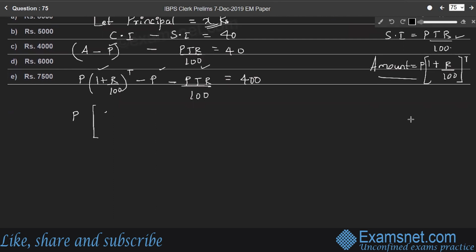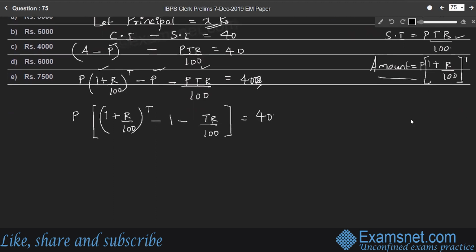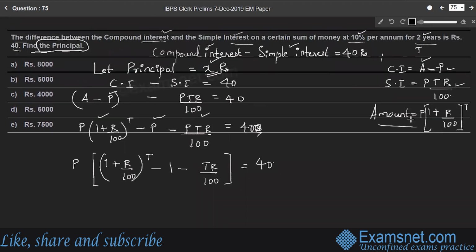So the remaining terms are 1 plus R by 100 to the power of T minus, second term is, remaining term is 1 minus TR by 100, is equal to, it is not 400, it is 40. So substitute the values of R and T. Here rate of interest R is 10% and time is 2 years.